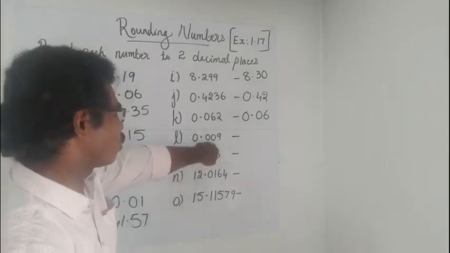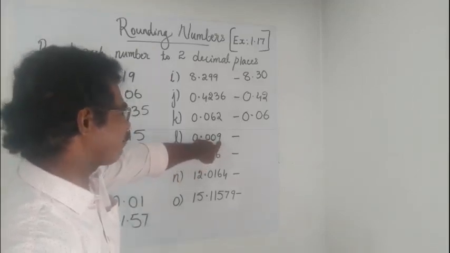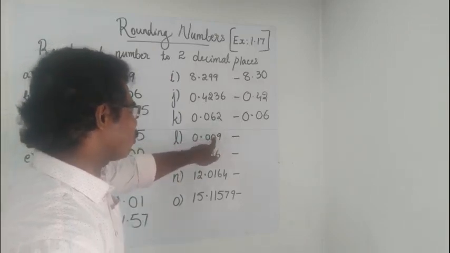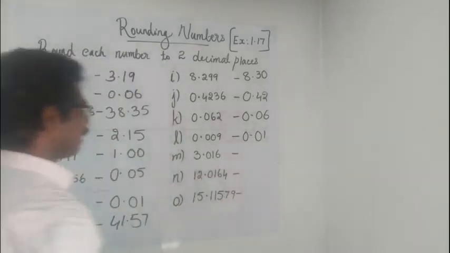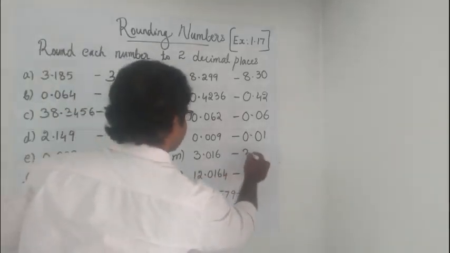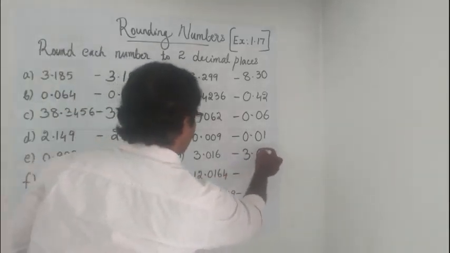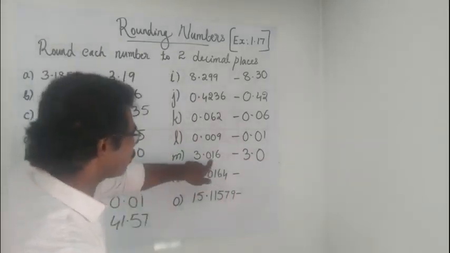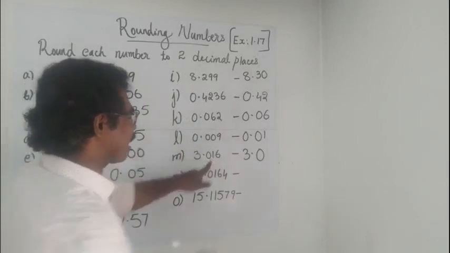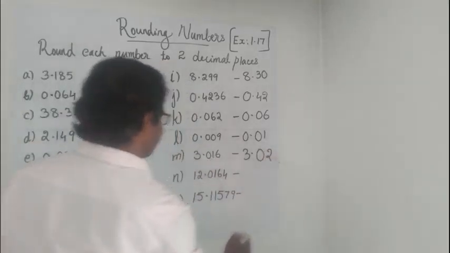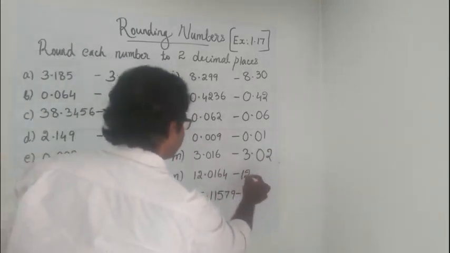It becomes 00, and the third is 9, greater than 5, so we have to add 1 to this. So 0.01, isn't it? Next, this one, 3.0. After the 2 digits, it will become 5 or greater than 5, isn't it? So add to this number. So 2. Got it?